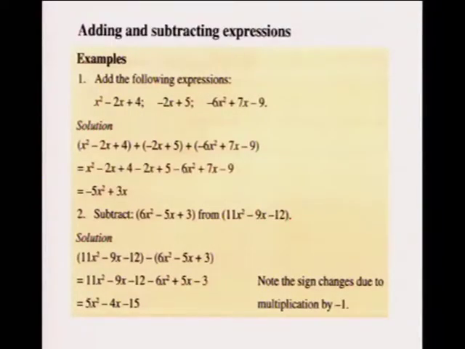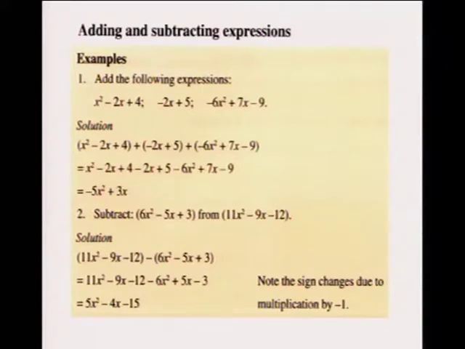How do we add and subtract expressions? If we had to add the following expression, we put all the x squared values together. We add those, and then we add all the x values and all the numbers, and we leave the answer as it is, -5x squared plus 3x. When we subtract the first equation from the second one, there you see it.